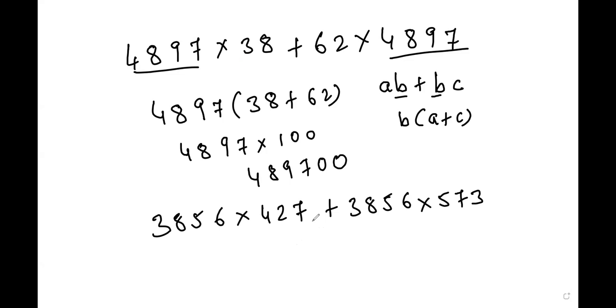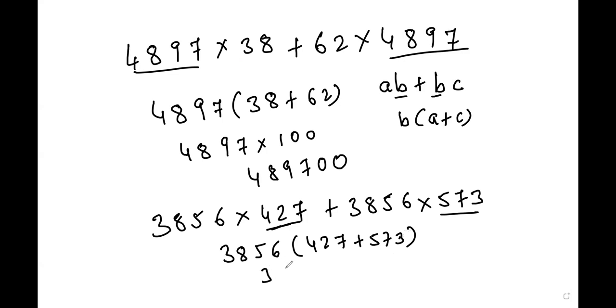It is the same thing, right? If you add these two, 427 plus 573, this is 9, this is 9 and this is 10, so it becomes 1000. So it will be 3856 into 1000, which equals 3856000. Clear?